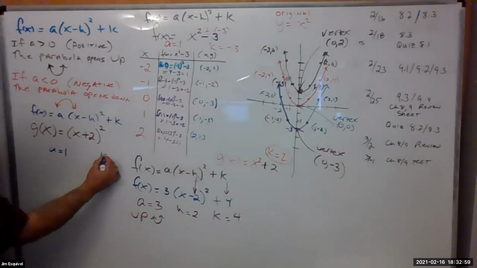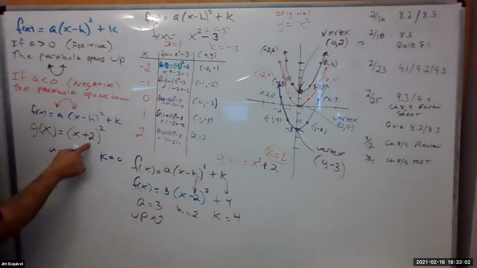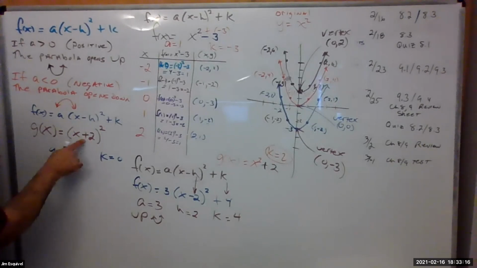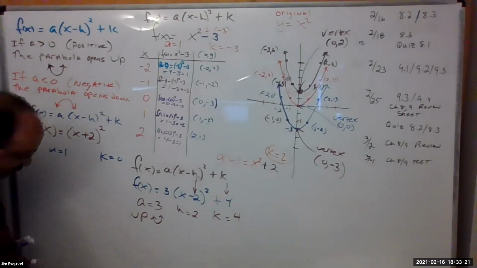0. K is a 0, but look inside the parentheses. You see the plus? Okay. The formula has a built-in negative. The only way this could possibly come out to be a plus is because h is negative 2.